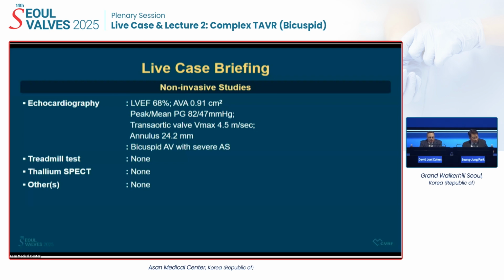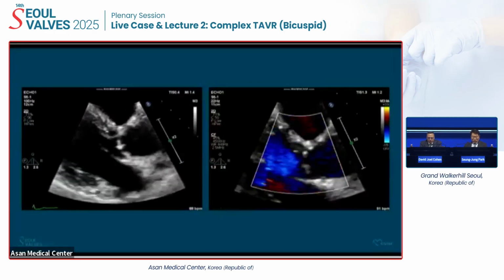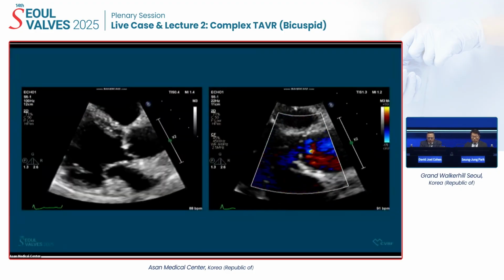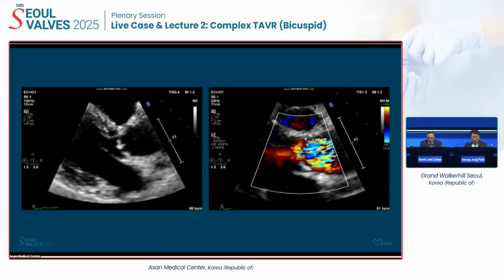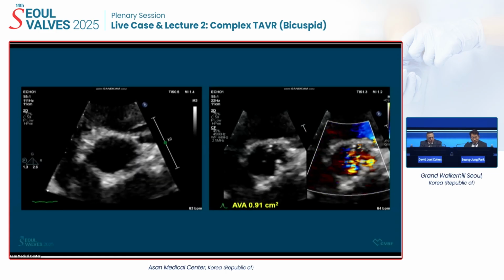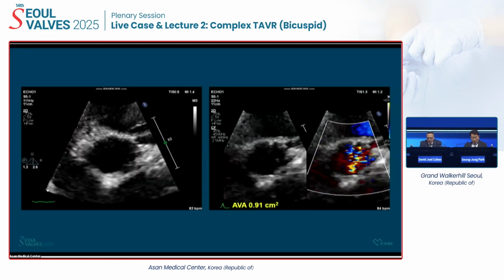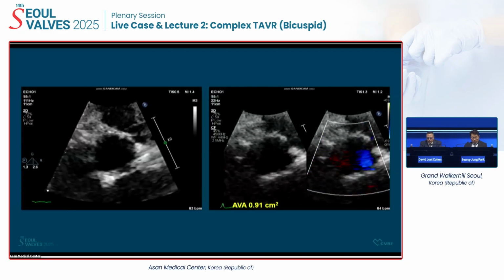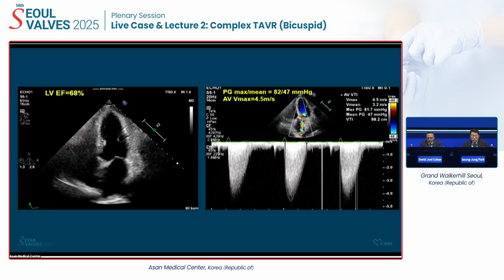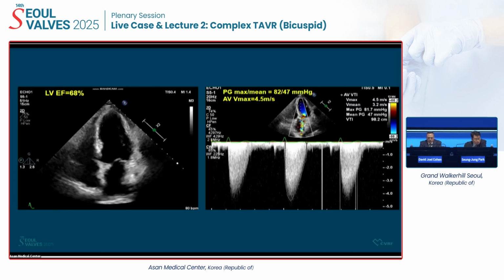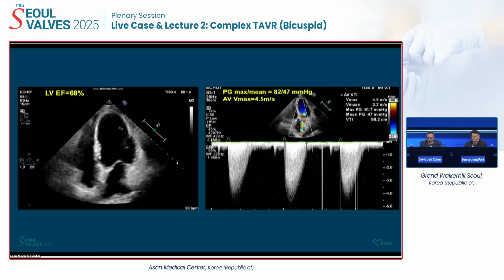Echocardiography shows a normal LV ejection fraction, and AVA was 0.91. Parasternal long axis view shows limited motion of the aortic valve and no significant AR. Parasternal short axis view shows an anterior-posterior type of bicuspid aortic valve. LV ejection fraction was 68%, mean pressure gradient of the aortic valve was 47, and transaortic valve peak velocity was 4.5.